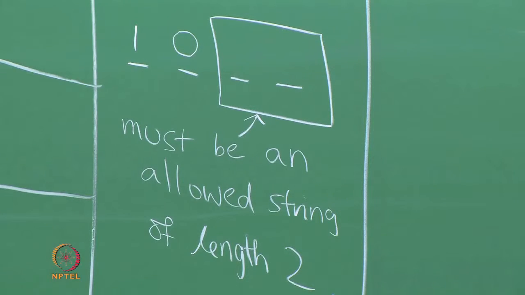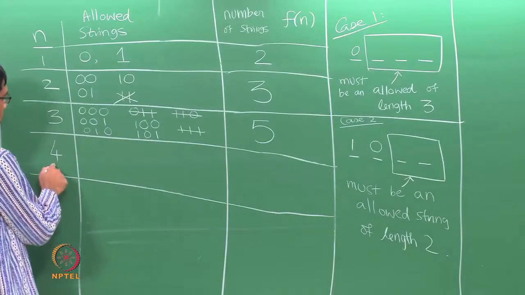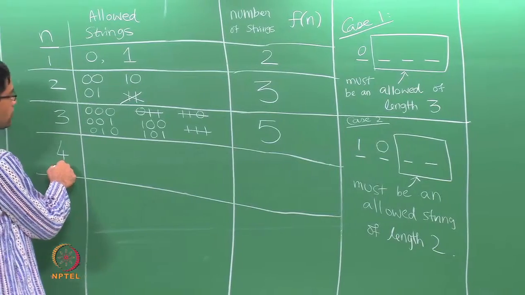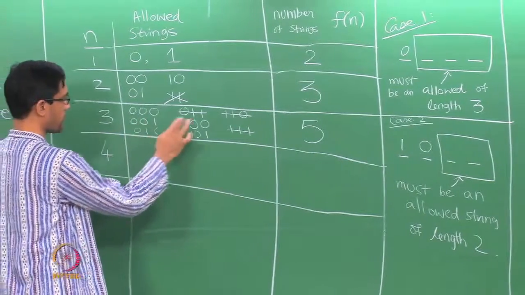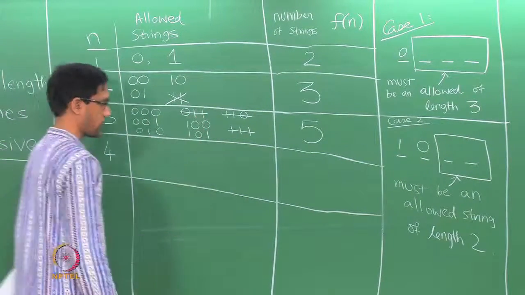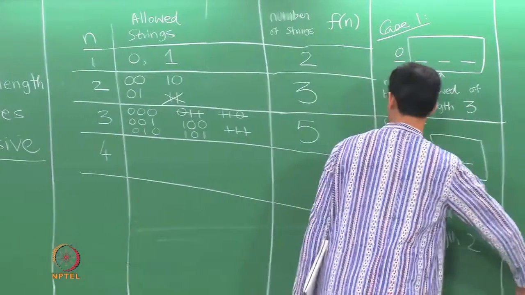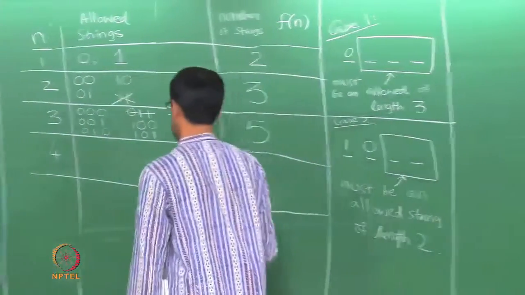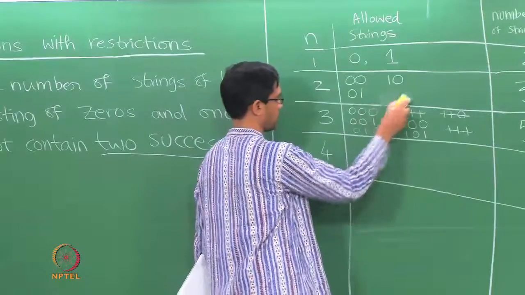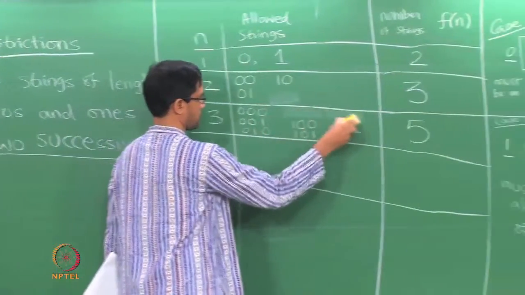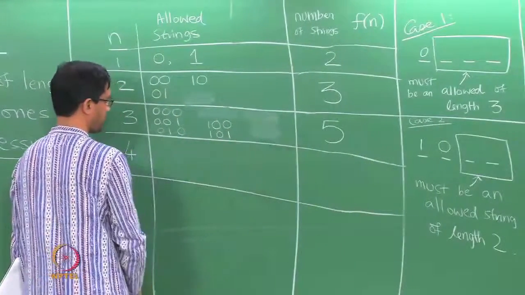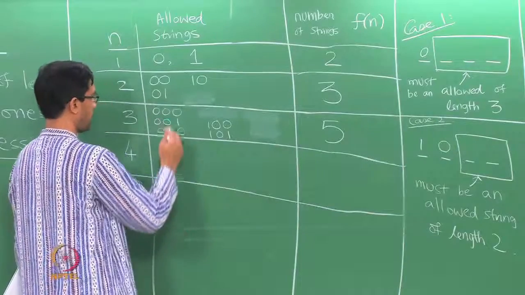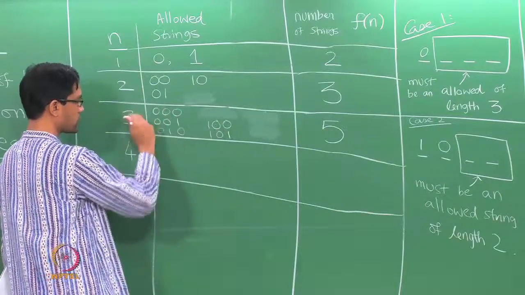What you would do is the following. In order to write down all strings of length 4, you start with the allowed strings of length 3. So let's get rid of the ones that are not allowed. So here are the 5 allowed strings of length 3, and to each of them you will adjoin a 0 in front.